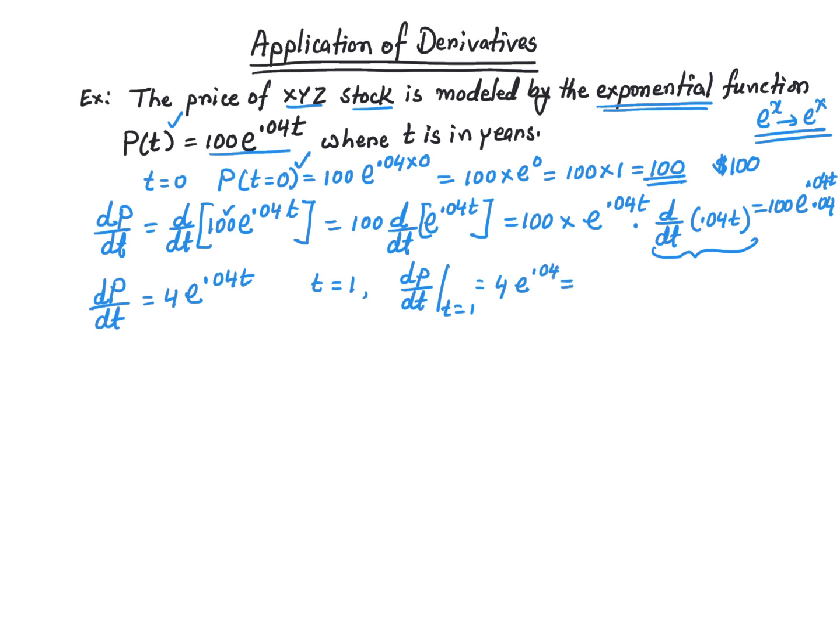Let me do the calculation. It comes out to approximately 4.16. Now you can calculate the rate of change for different years by plugging in t equal to 2, t equal to 3, and so on and so forth. Now, one question you may be asking as an investor.